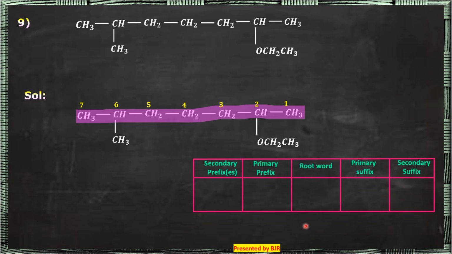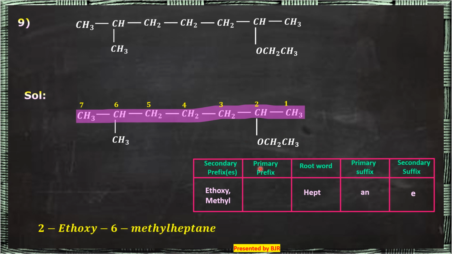Root word is hept, primary suffix an, only single bonds are there here. Secondary suffix is e, isn't it? Only carbon and hydrogen atoms are present in this parent chain, so at that time the secondary suffix is e. Secondary prefixes: this one is ethoxy and this one is methyl. So the name of this organic compound is 2-ethoxy 6-methyl heptane. Okay.